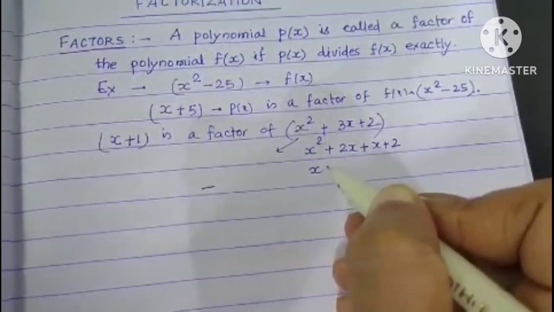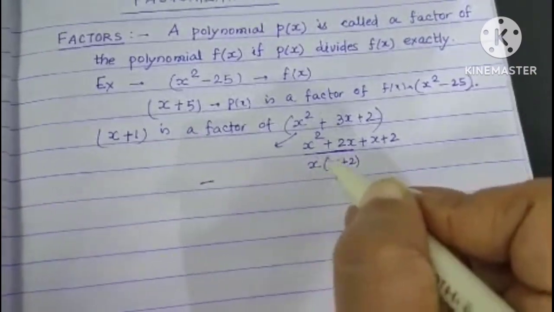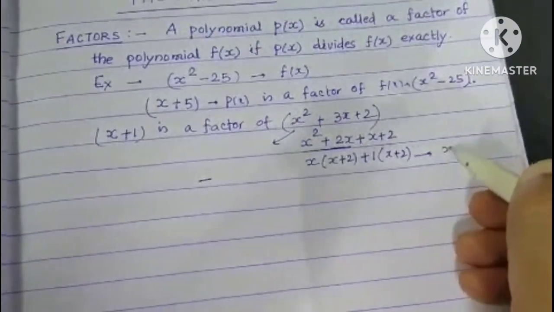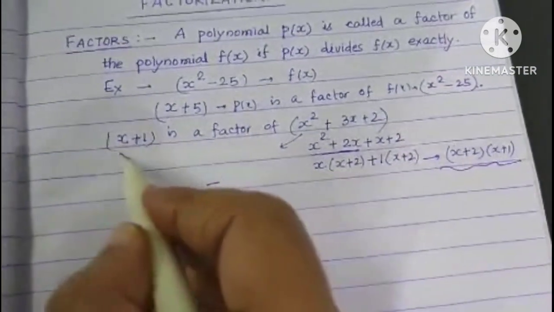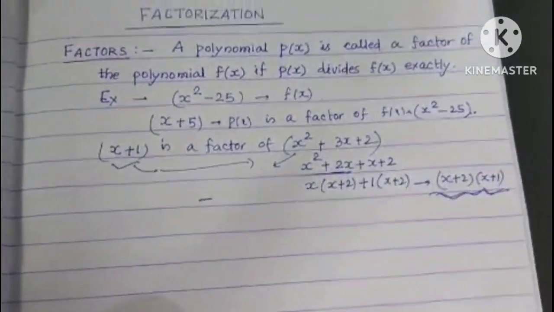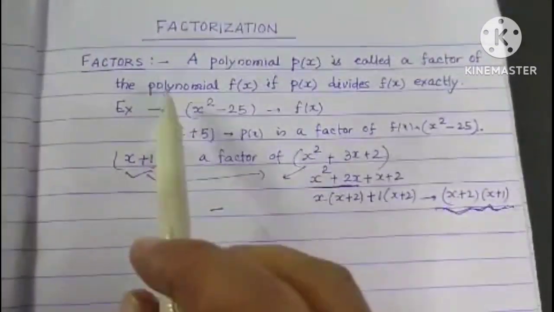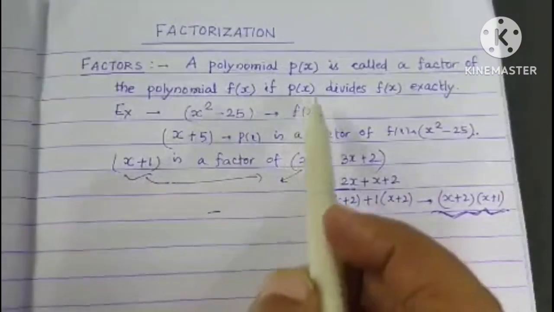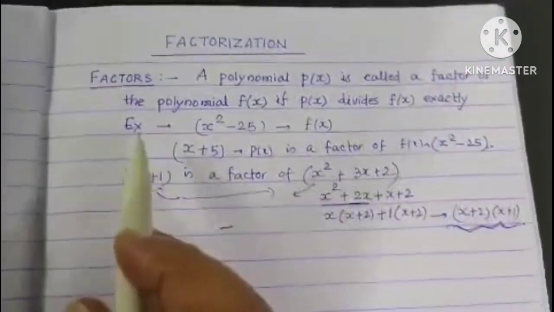Or you can write it like this: x into x plus 2, when you take x common from here, then x plus 2 plus 1 into x plus 2. So you can write this as x plus 2 multiplied by x plus 1. So you can say that x plus 1 is a factor of this one because it divides exactly. So with these two examples, we can easily say what factors are: a polynomial is called a factor of another polynomial if it divides the polynomial exactly. This is called a factor.